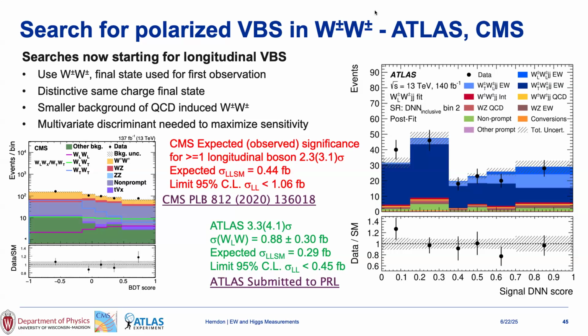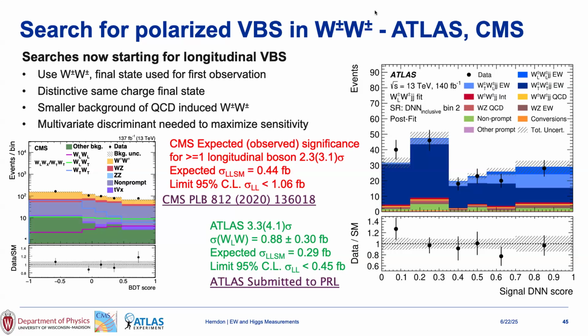So this was actually also, you notice this for the state that was used for the first observation. So these are sort of our most sensitive state in terms of statistics because of that distinctive same sign final state. The QCD background is less here. It's harder to make same sign vector bosons in a QCD process compared to some of the other modes where there's a charge balance between things.